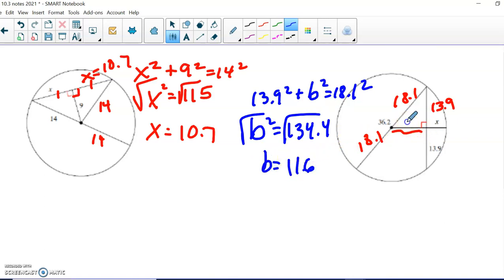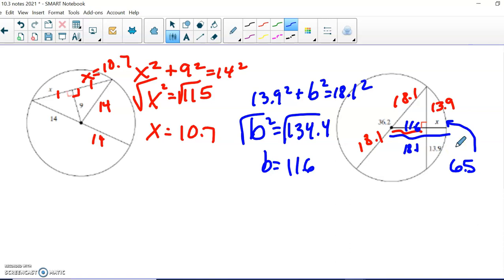So I'm going to put the 11.6 here. That was our missing side. And then again, I can assume that this radius is 18.1. I take 18.1 minus 11.6, and I get our missing little piece here is 6.5 units.